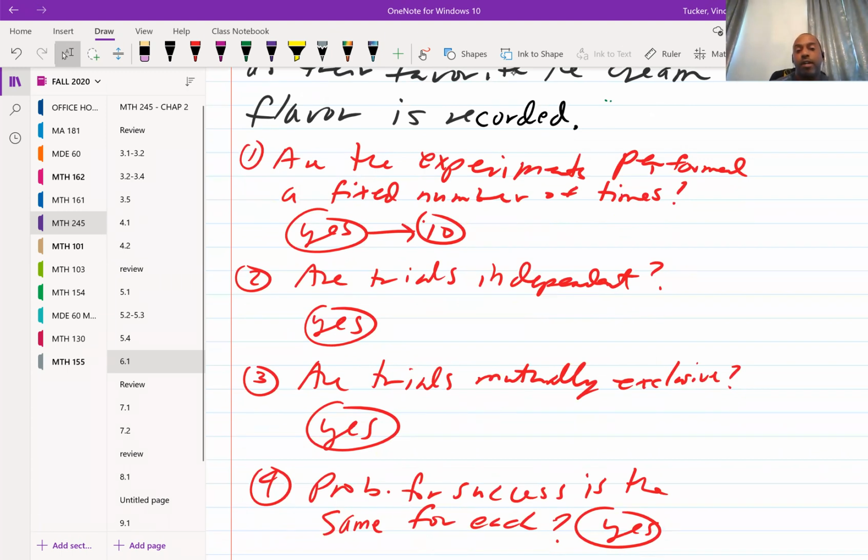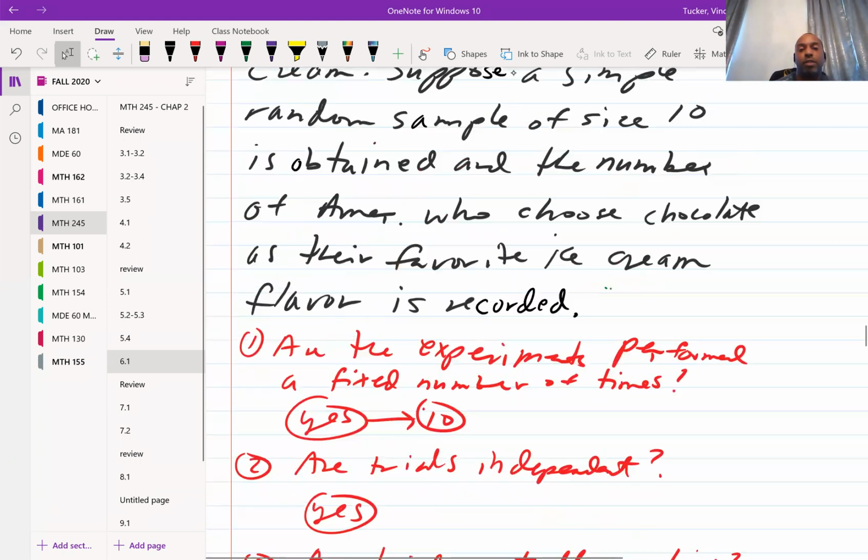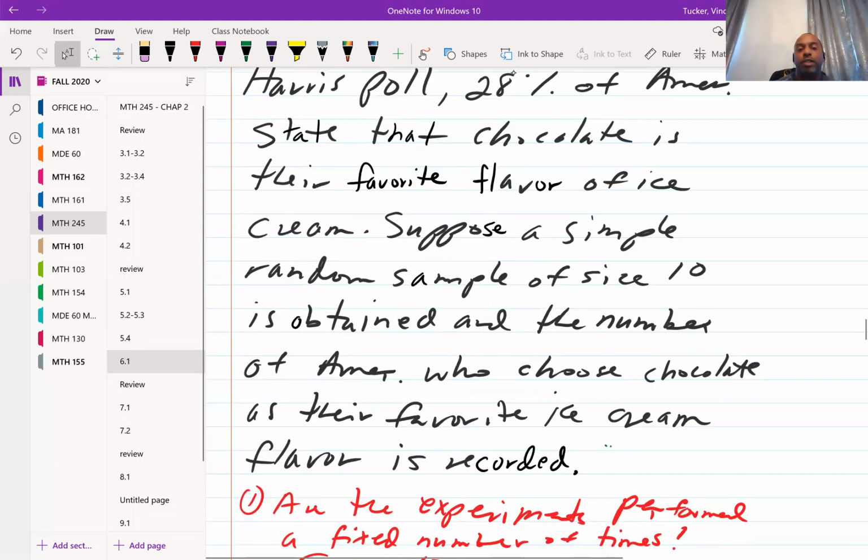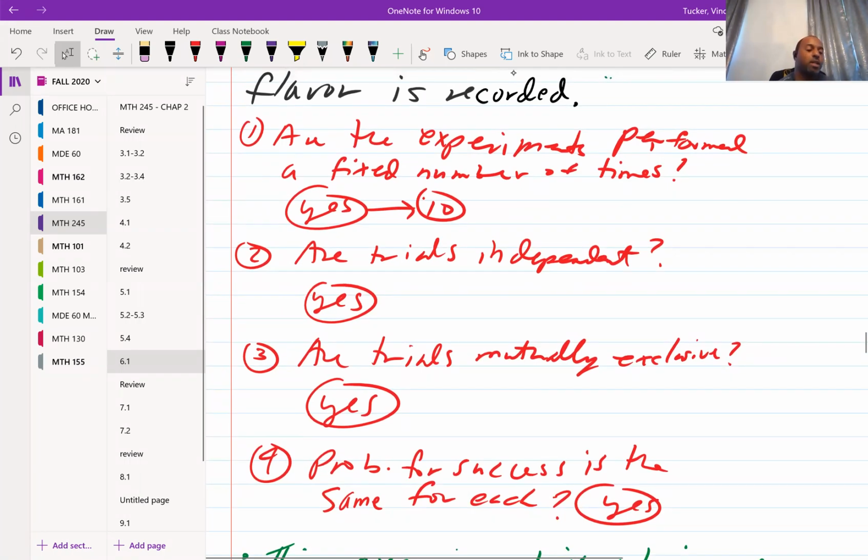The answer is yes, because they already did a poll on the population, and that probability is a 28% chance that you're going to pick somebody that likes chocolate as their favorite. All right. Any questions on those before we go to the next part?